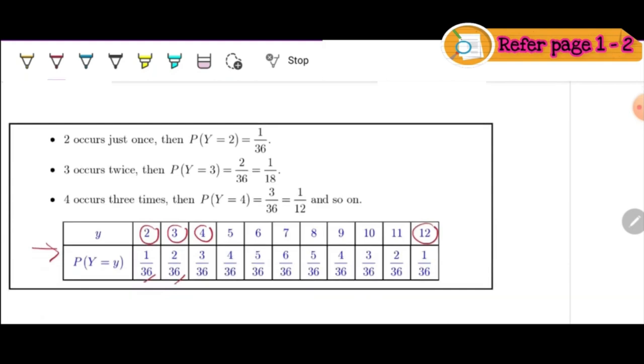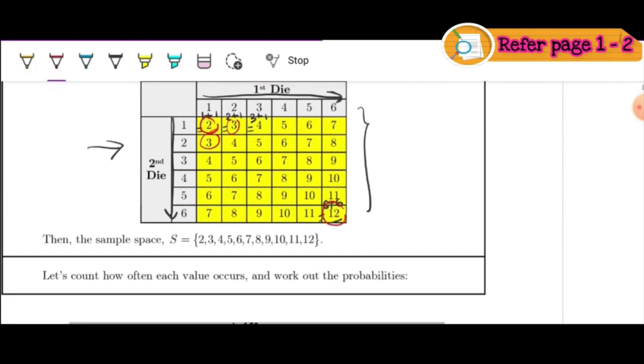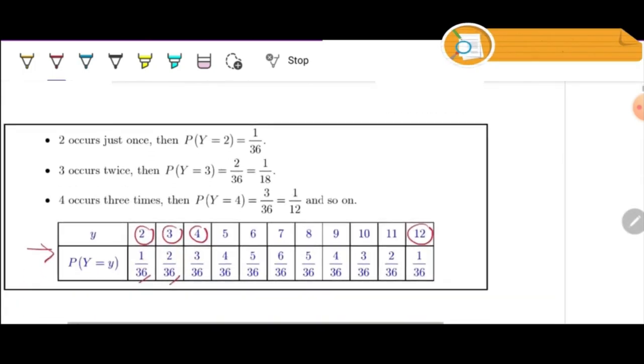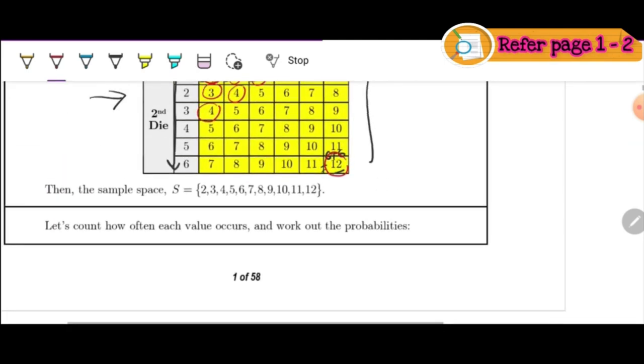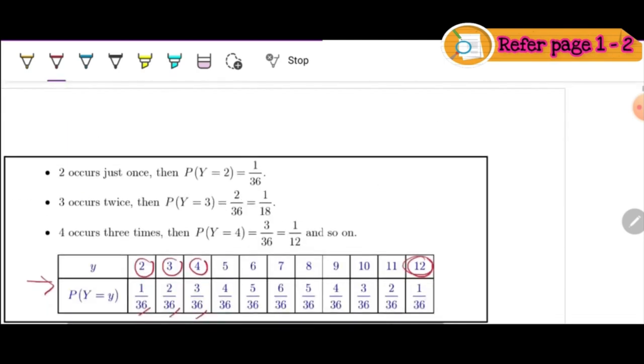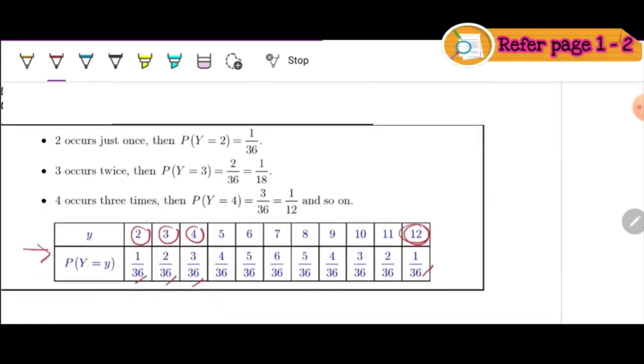The probability of getting 4 is 3 out of 36. So list all the probabilities until the maximum score, which is 12. The probability of getting 12 is 1 out of 36. So this table is an example of a discrete random variable.